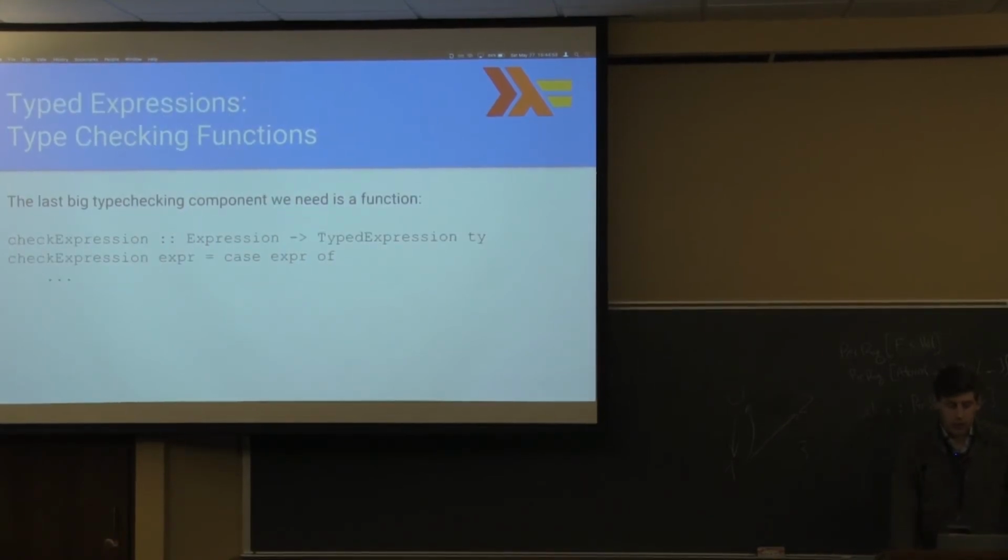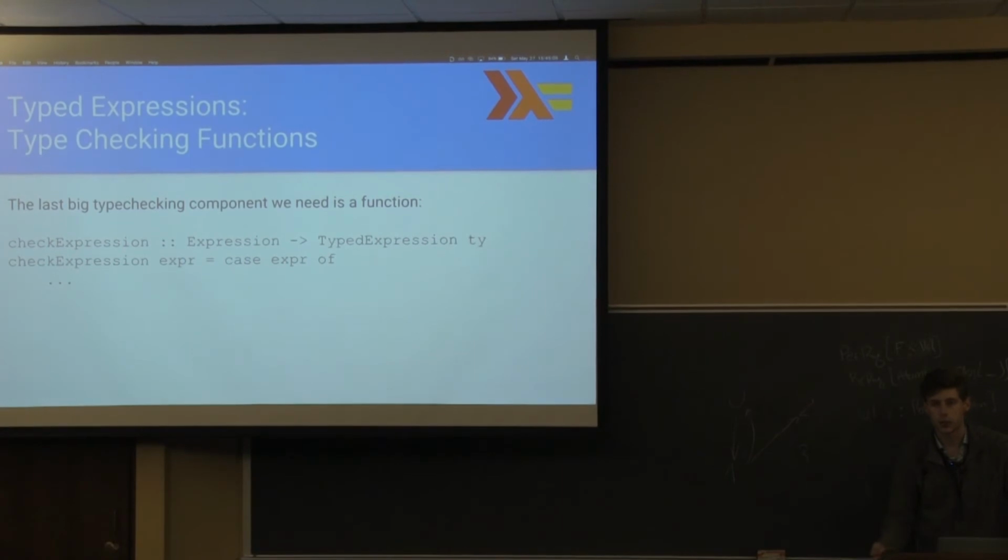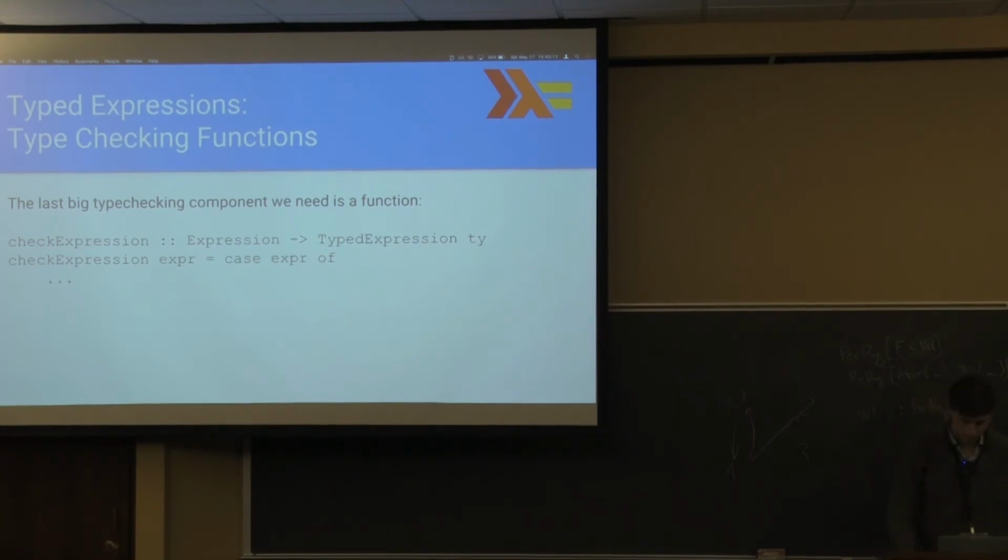The last big component we need is some functions that will actually translate our ADT representation, which doesn't have the type information, into this typed version. And so let's just run through an example here. I want to highlight an issue that we run into with this.